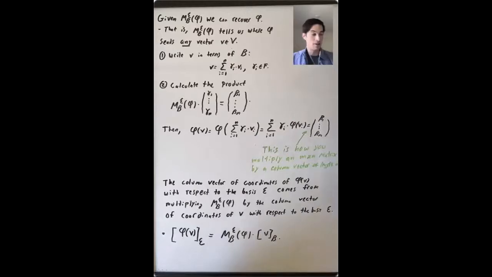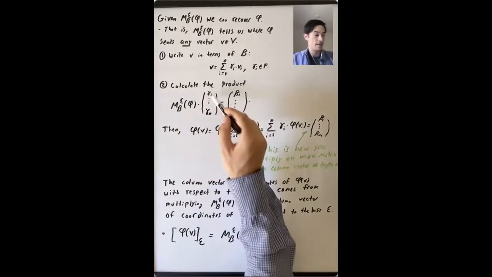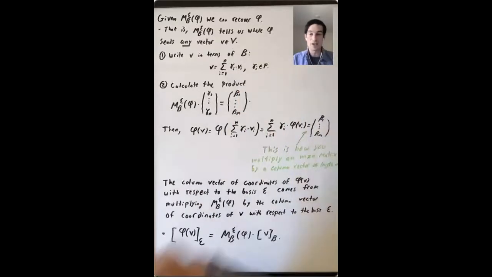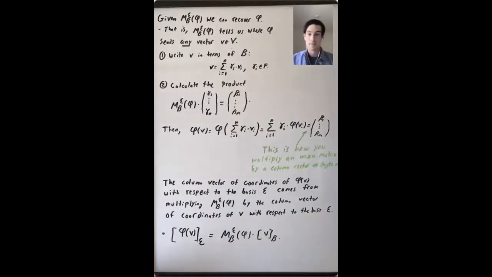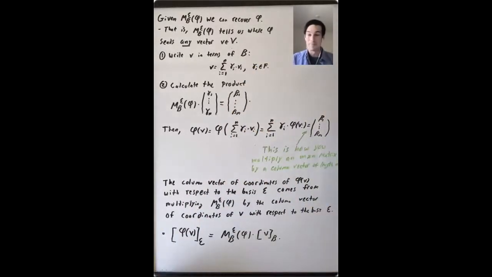And then we calculate the product of this matrix M_B^E(phi) times this column vector, whose coordinates are these coefficients when we write v as a linear combination of the basis vectors of B. The output is some column vector of length m.